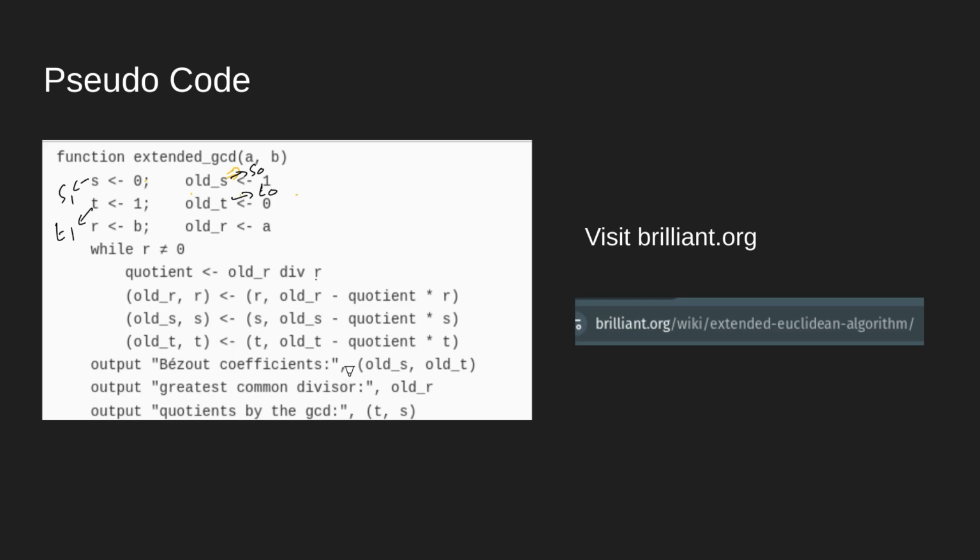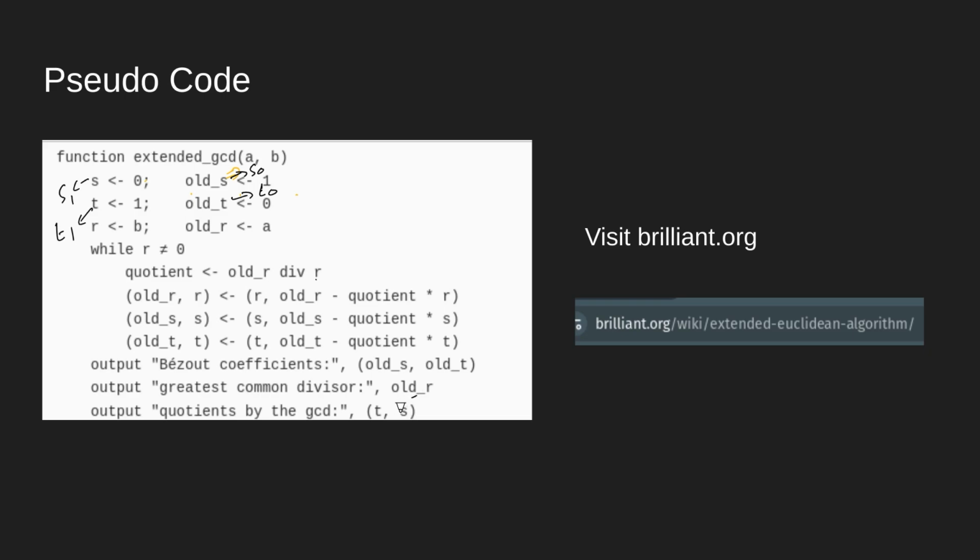We stop when the remainder is equal to 0. The remainder before the 0 remainder is actually the GCD. So we are going to use that old S and old T to get our answer. Old R will be the GCD, and the old S and old T will be the Bézout coefficients.